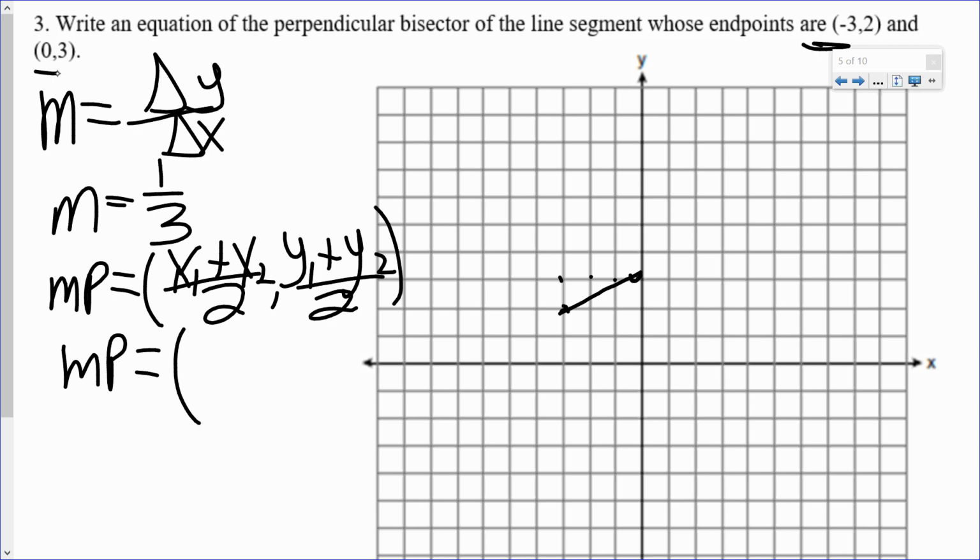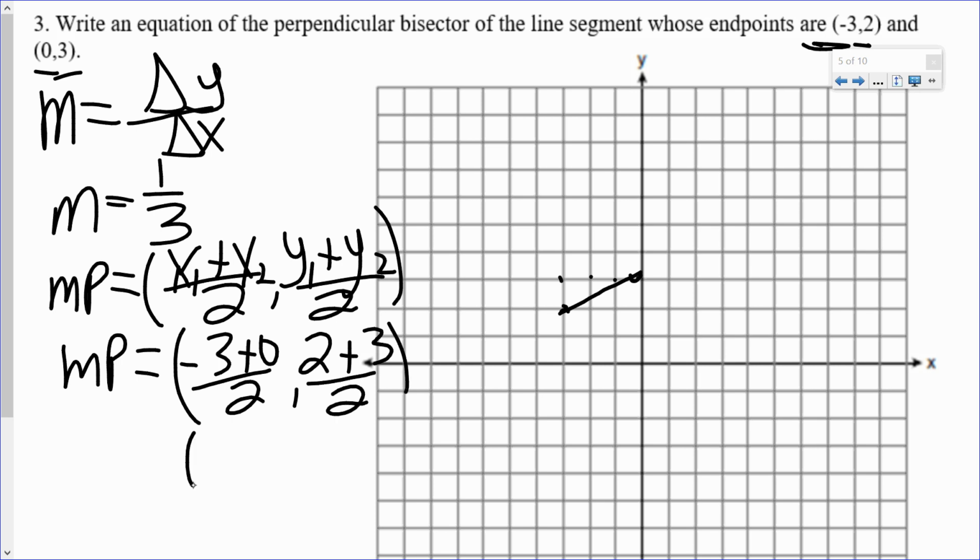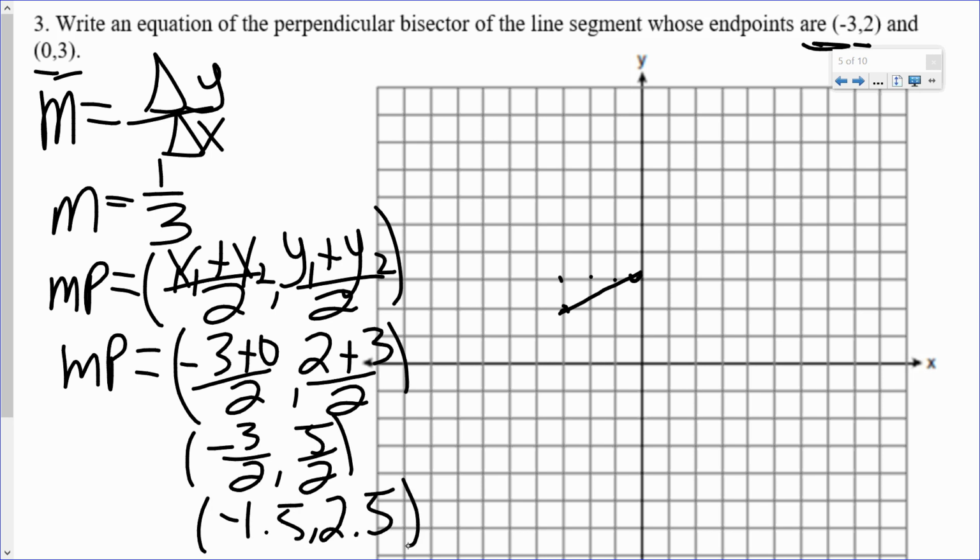-3 and 0. 2 plus 3. That's -3 over 2 and 5 over 2, which is -1.5, comma 2.5. Don't be afraid of the decimals.